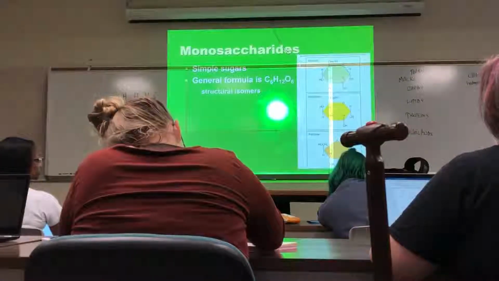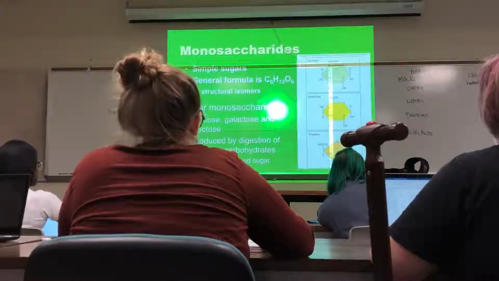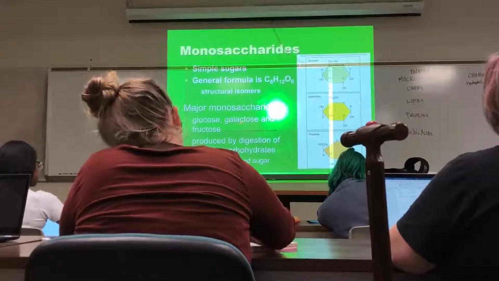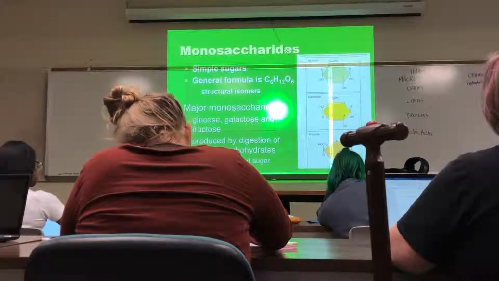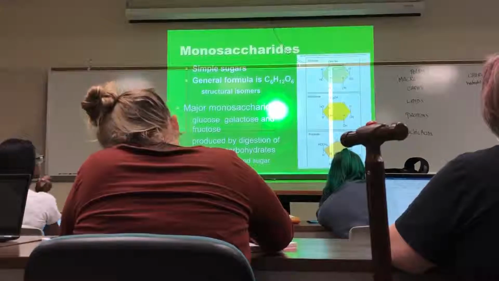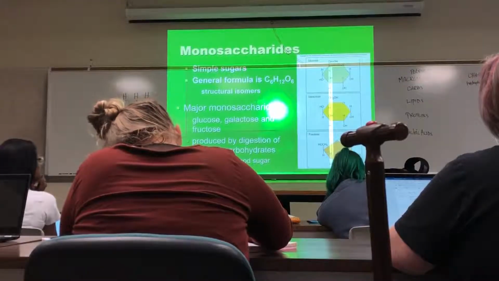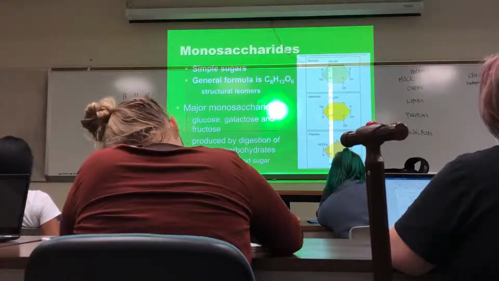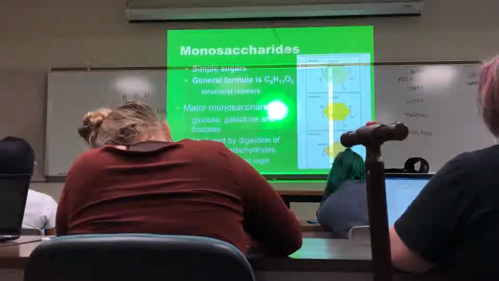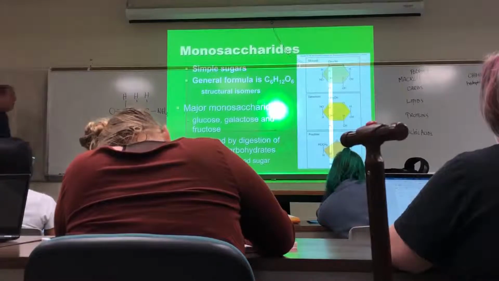So here are some examples, some monos. Glucose, oh that's a big one. Galactose and fructose. And we know that when we eat complex carbs, that it is ultimately broken down into glucose. Carbs have gotten a lot of press lately.